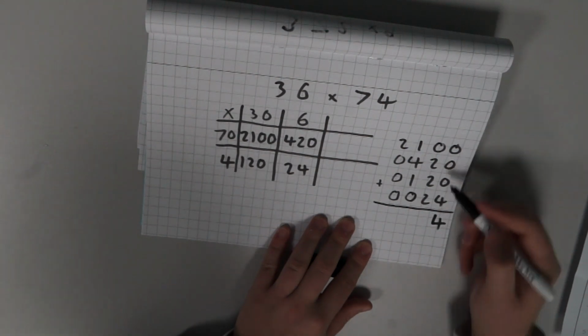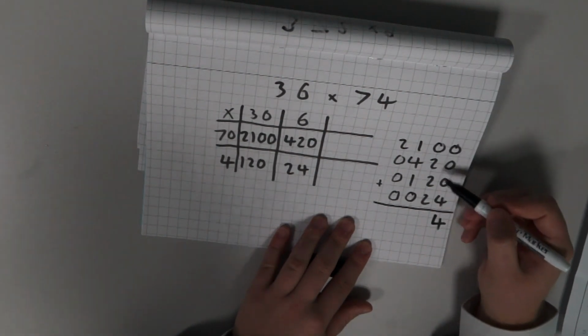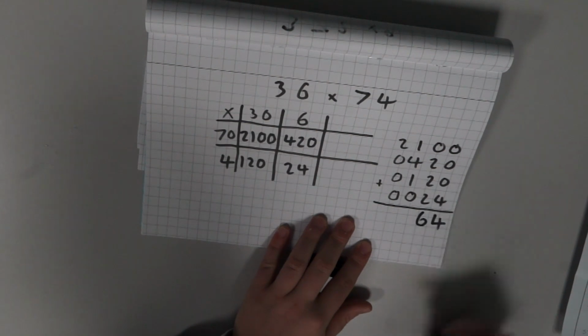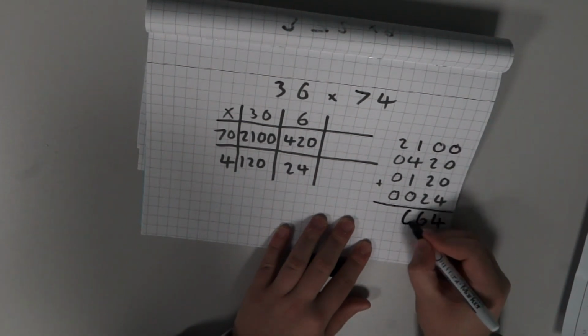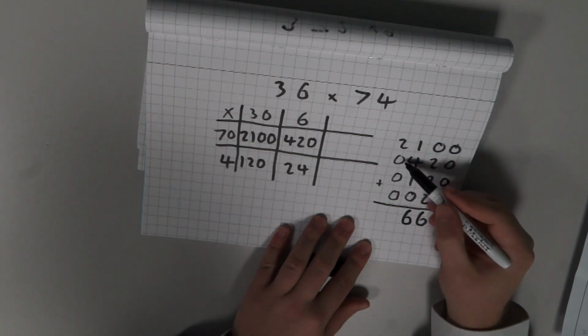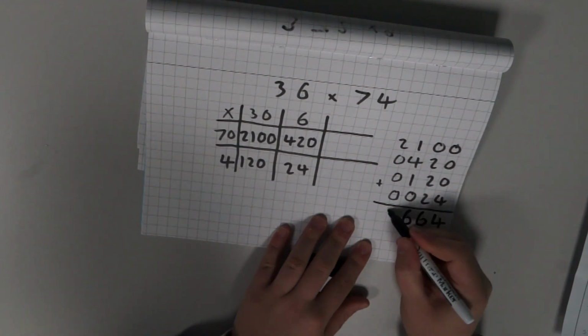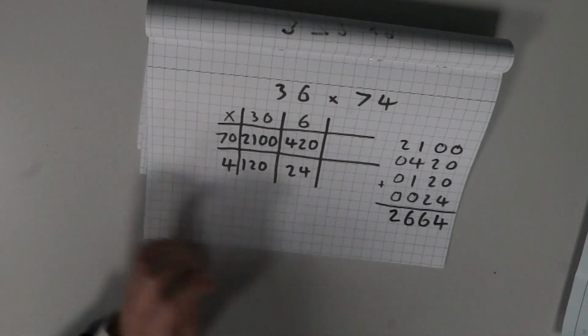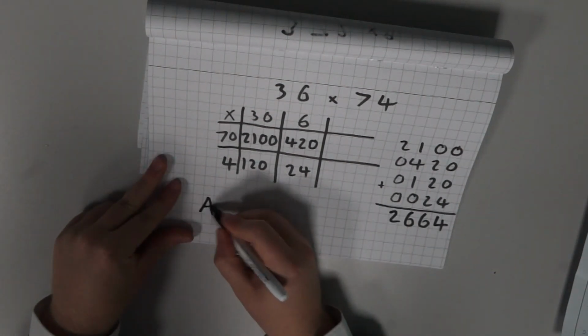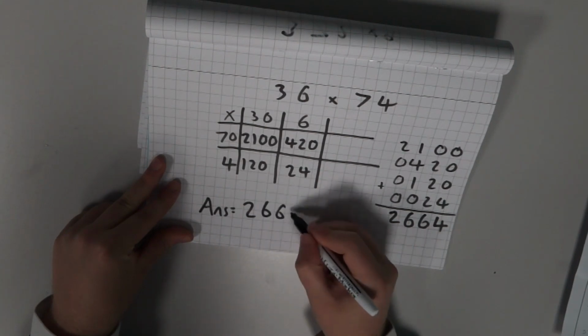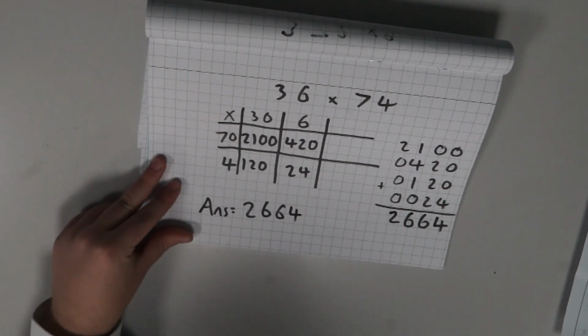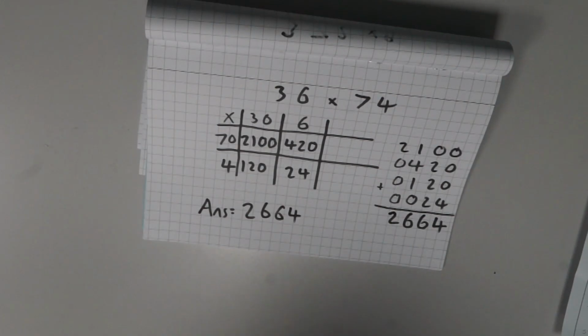Remember, we're starting from the right hand side. 0 add 2 add 2 add 2 gives me 6. 1 add 4 add 1 add 0 gives me 6. Then 2 add 0 add 0 add 0 leaves me with 2. So my answer for this one, we should have got 2,664.